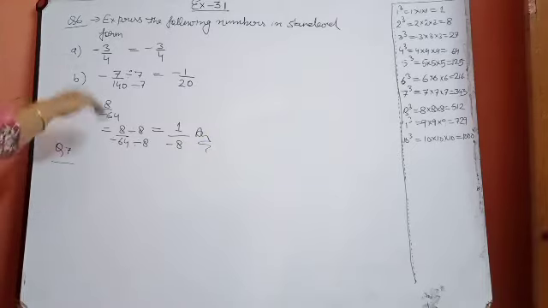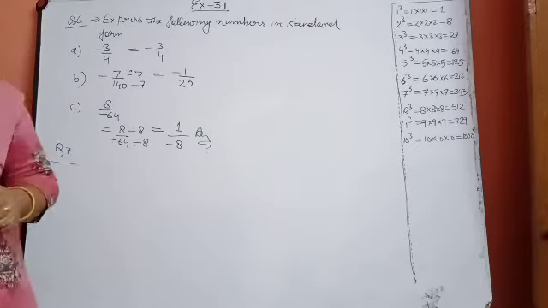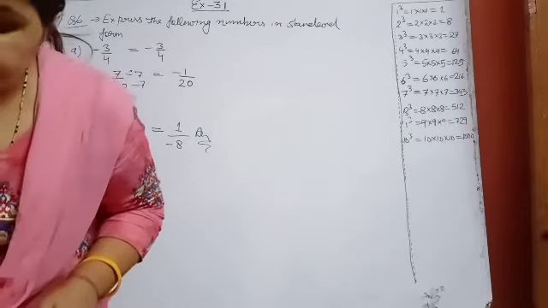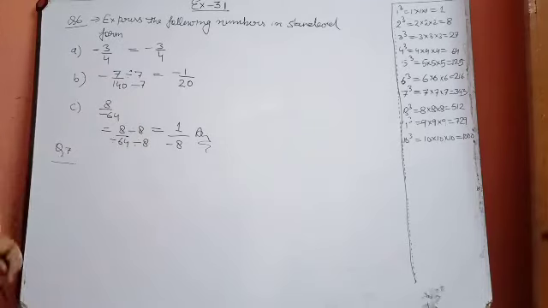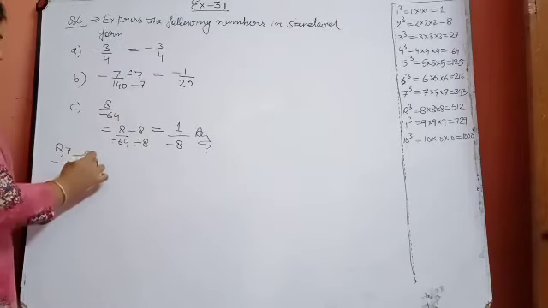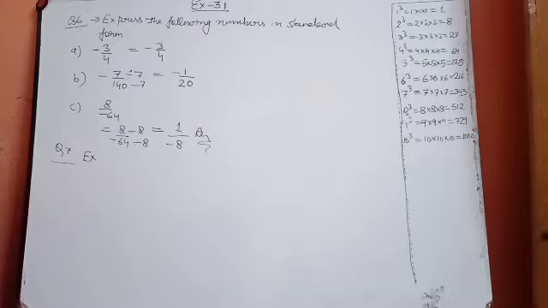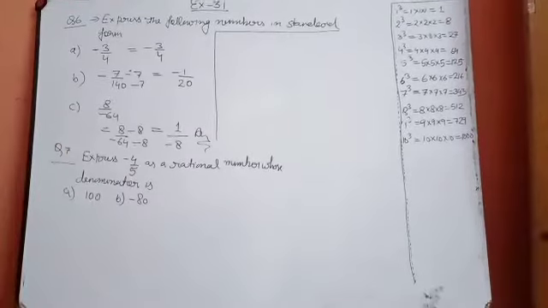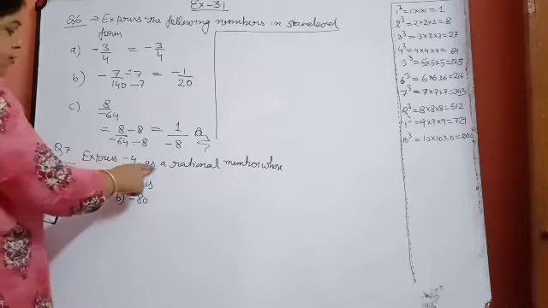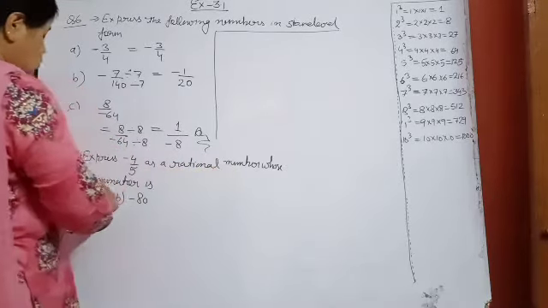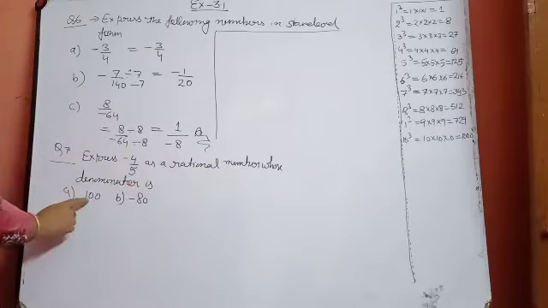Two parts are there, the rest of the 2 parts you will perform yourself. Now question number 7. Express minus 4 upon 5 as a rational number whose denominator is given. In the first part, the denominator should be 100. So what you will do in this question?